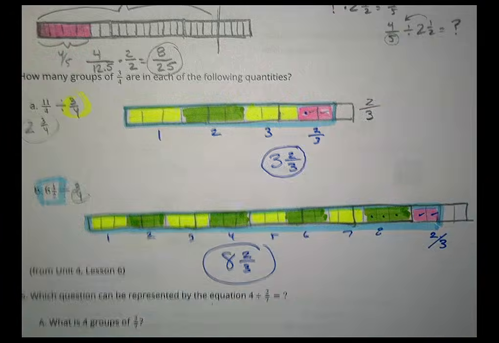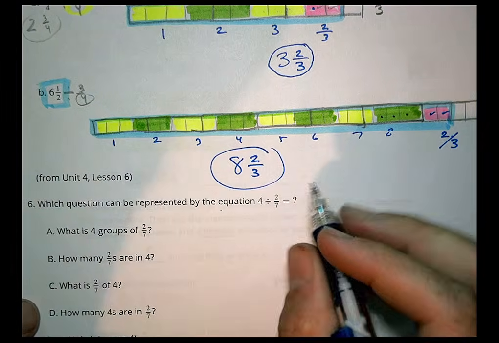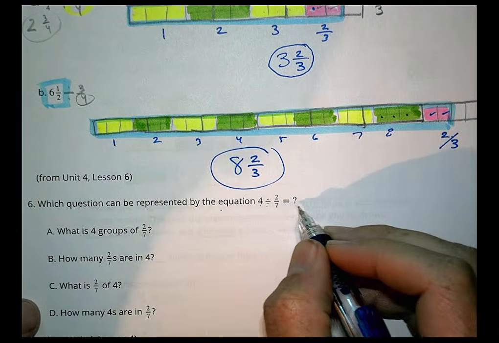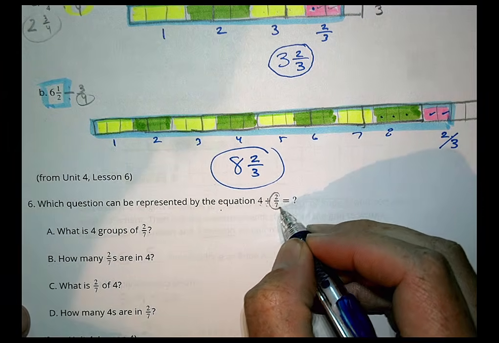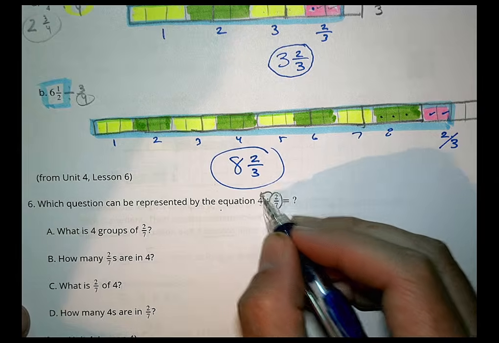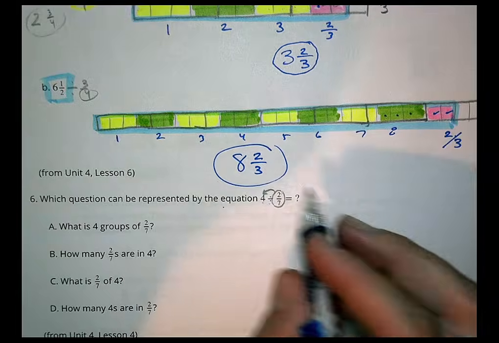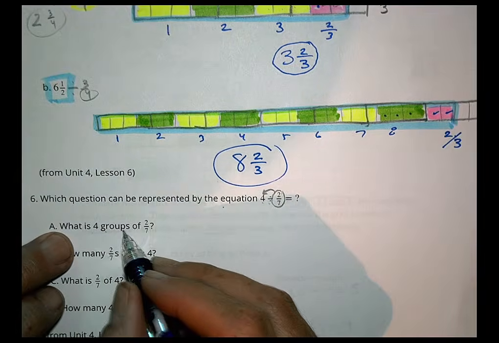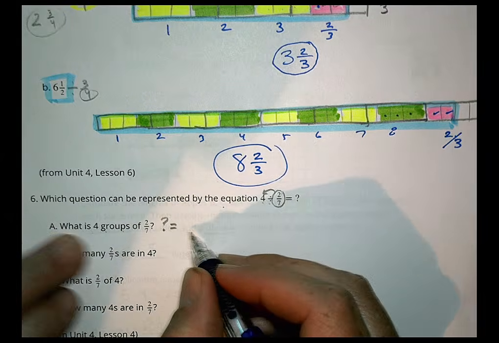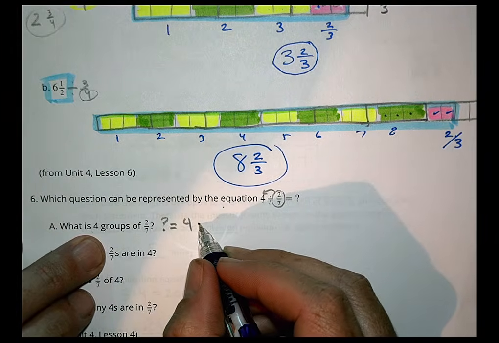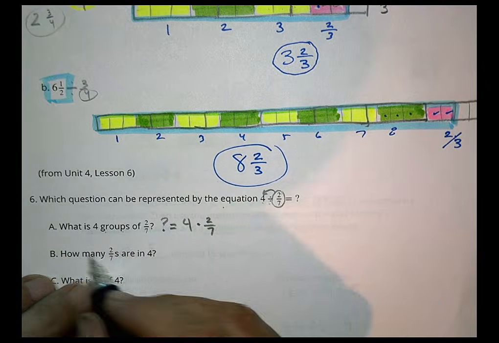Okay, number 6. Which question can be represented by the equation 4 divided by 2/7 equals what? So this is how many 2/7 are in 4, or how many groups of 2/7 are in 4, is what that is showing us there.